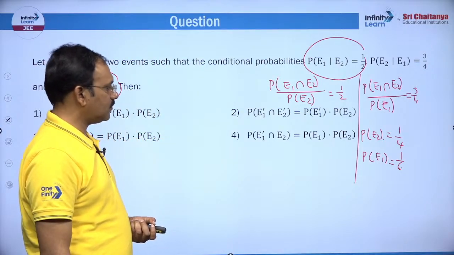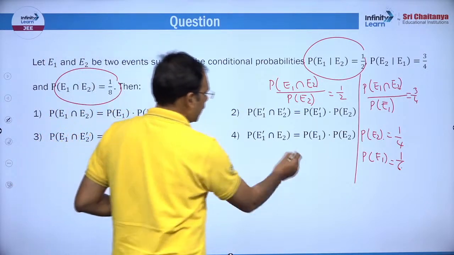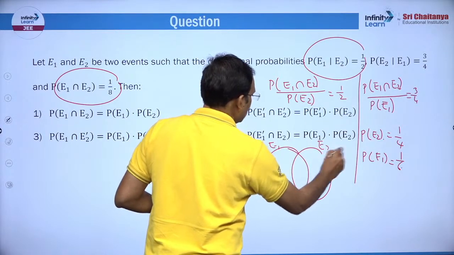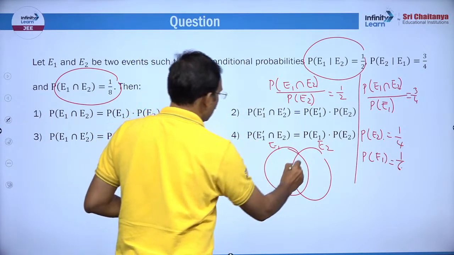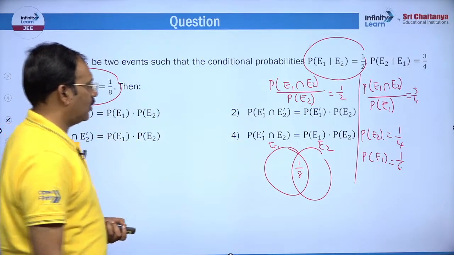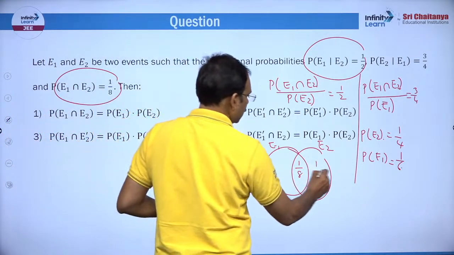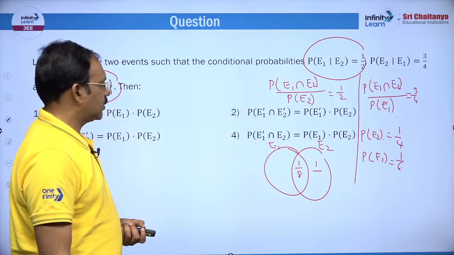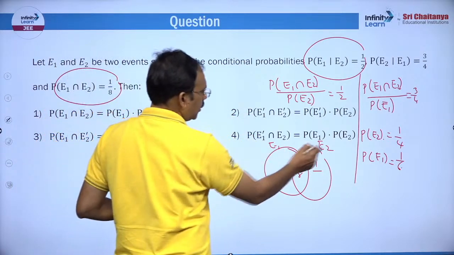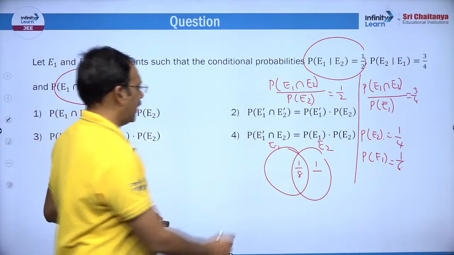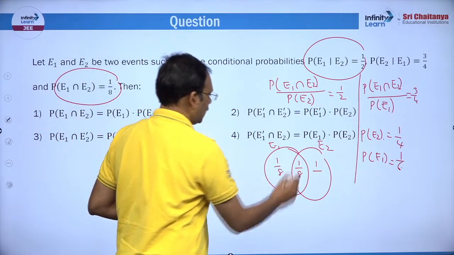Yeah. Now you just take the Venn diagram, suppose this is E1, this is E2, P of E1 intersection E2 is 1 by 8. So 3 by 24, this is 4 by 24. So P of E1 E2 is 1 by 4, right. So you can say 2 by 8, so 1 by 8, right.